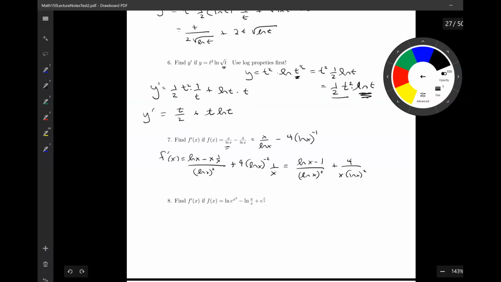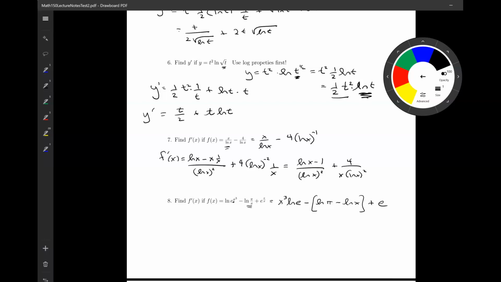All right, let's play with this one because I think there are log properties that can make this problem much easier. This x cubed can come down in the front. So it's x cubed ln of e, minus, and let's go slow with this one, this is the same as saying ln of pi minus ln of x, and then plus e.